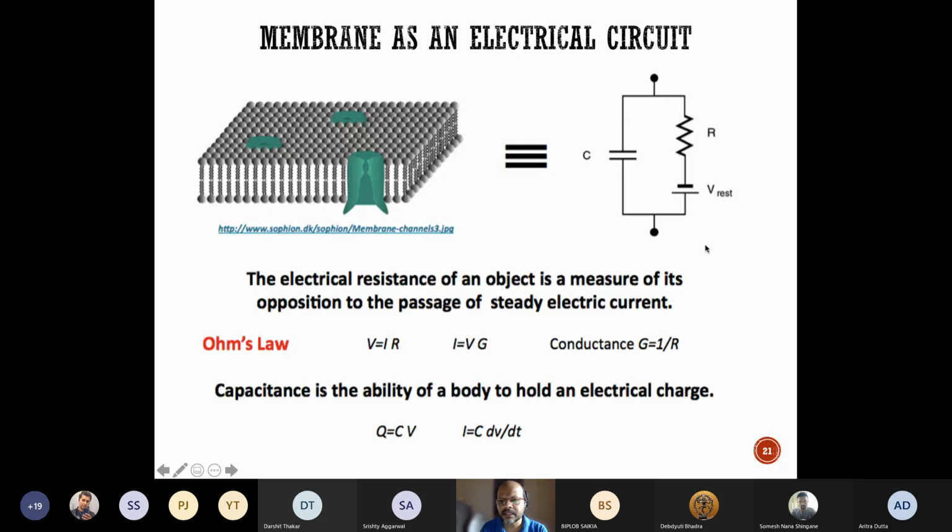So a membrane is described by this little circuit here: a capacitor, a resistor, and a battery. If I start to inject current through a capacitor, this is again the same question that I had asked. What happens if I inject current into the cell? Again, don't worry about how current is getting injected. Then the voltage in this case is going to change linearly.